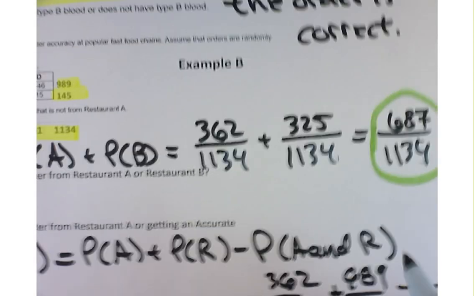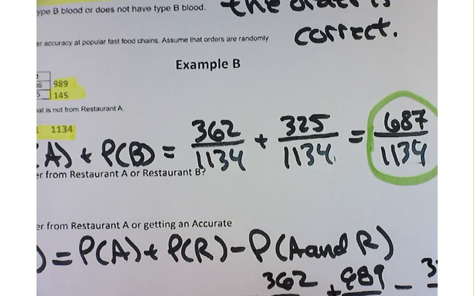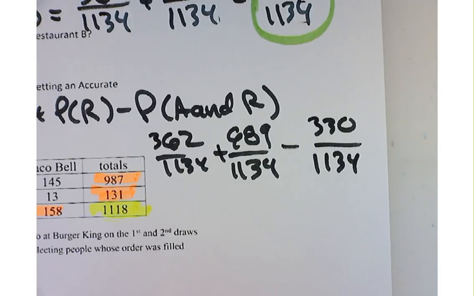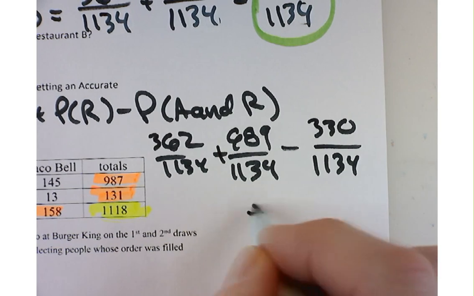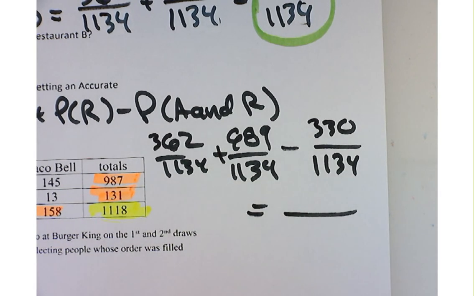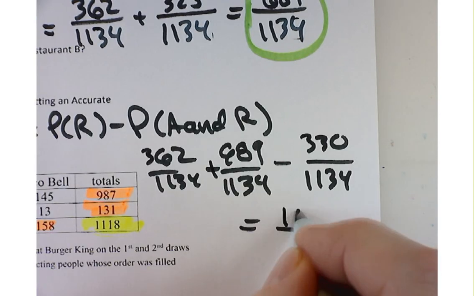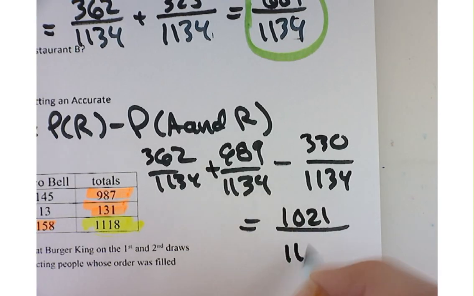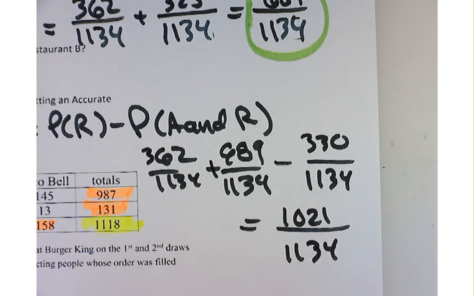Good. So 330 over 1134. And so now it's a matter of just adding these all up. So let's do that. 1,021 over 1134. And that's your final answer.